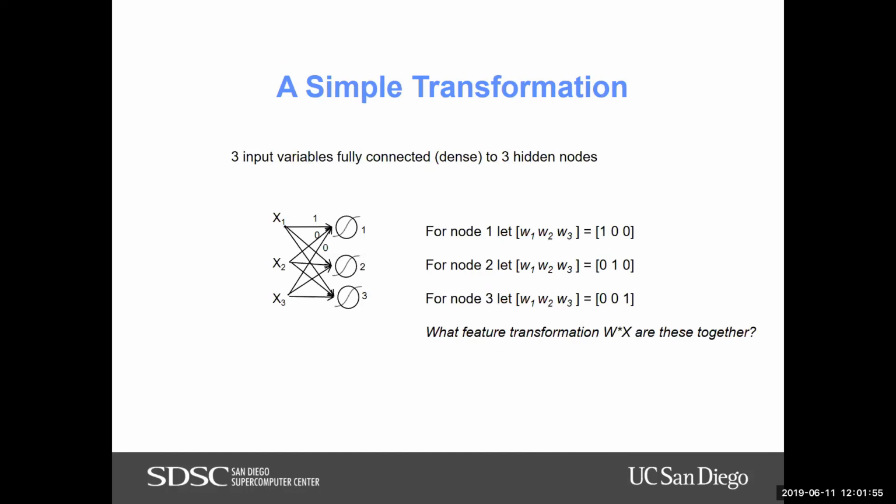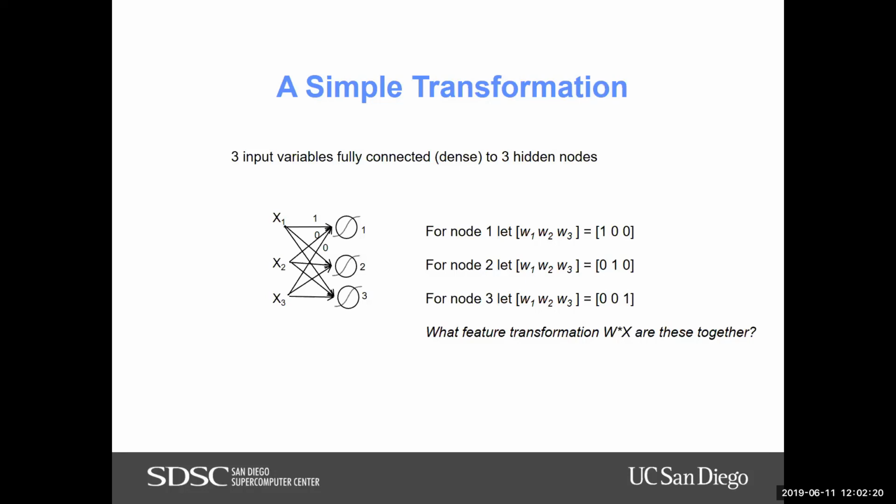Now let's say I have this situation. I have 3 weights for 3 nodes each. The first node is taking the X1 value. The second node is only going to process the X2 value, and the third node is processing the X3 value. And so what's this transformation?